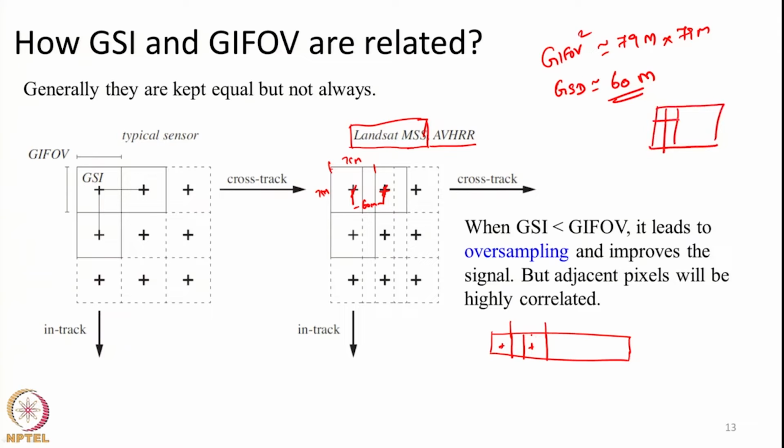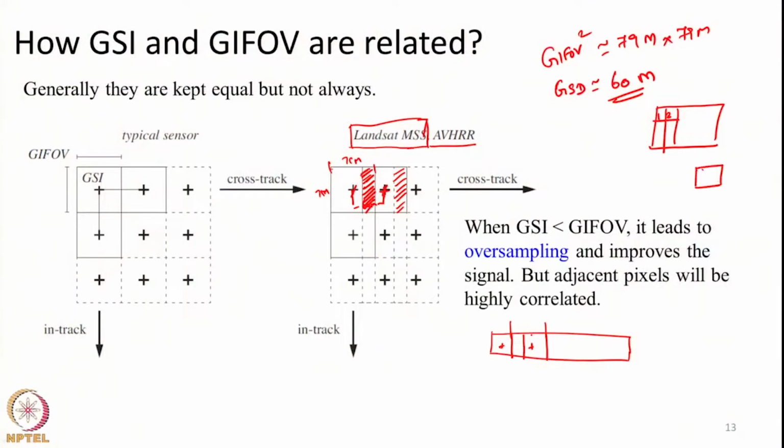say if you take an image and if you take two neighboring pixels, pixel 1 and pixel 2, there will always be some overlapping region, which I am highlighting here. This region will be commonly overlapping between those two pixels because of the overlapping or larger size of GIFOV. So, each pixel will have some common information with its neighboring pixel in both directions.